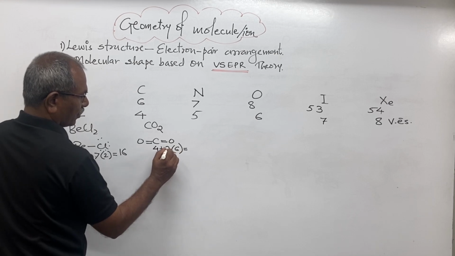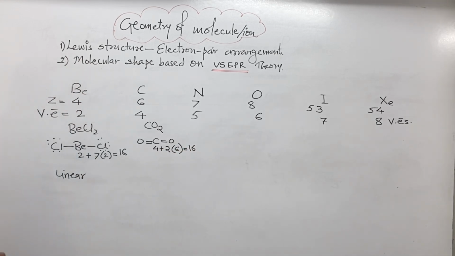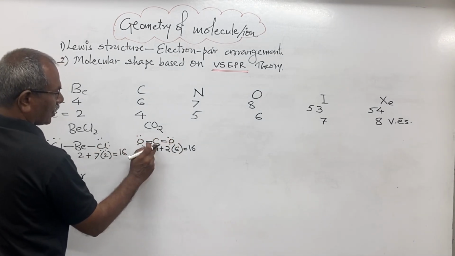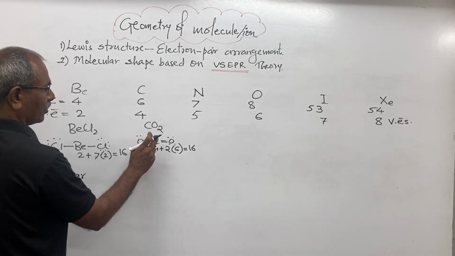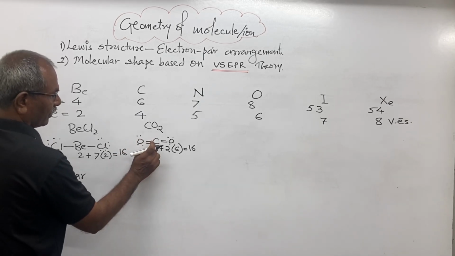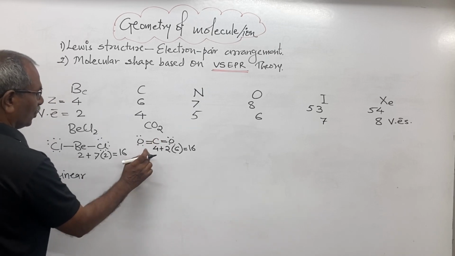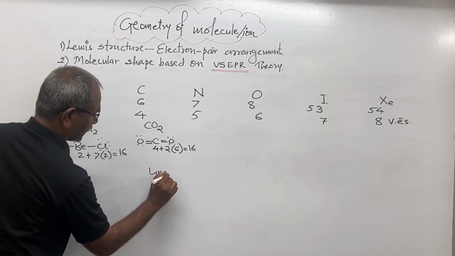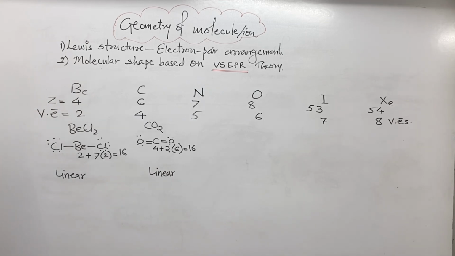So 2 into 6 is 12, plus 4, 16 valence electrons. Carbon is the central atom, and there is no lone pair on the carbon atom. So the influence of electrons of carbon is in only 2 regions or 2 domains. So there are 2 regions of electron density, and this molecule has linear geometry with bond angle 180 degrees.